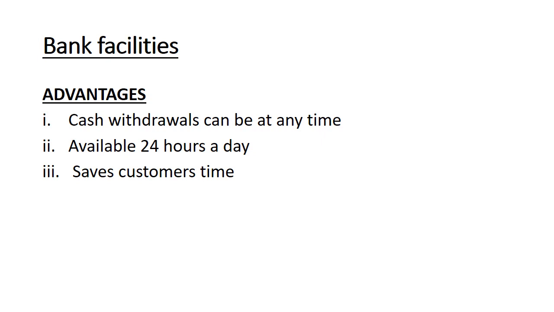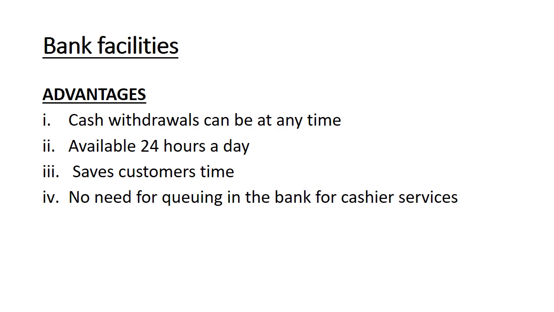Inside the bank you may find long queues, or as we like to say in Zambia, long lines, that is, people are queuing. Because of that, you may end up wasting a lot of time trying to withdraw money. But if you go to an ATM, it may be a different case. Some banks don't have many ATMs, so you may have one ATM and still have a queue. Nevertheless, there's no need for queuing in the bank for cashier services.